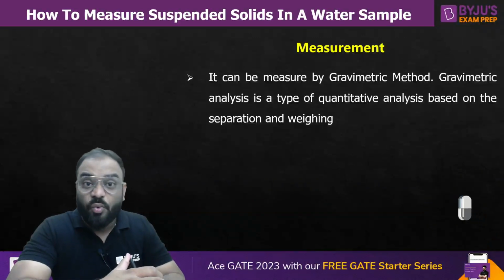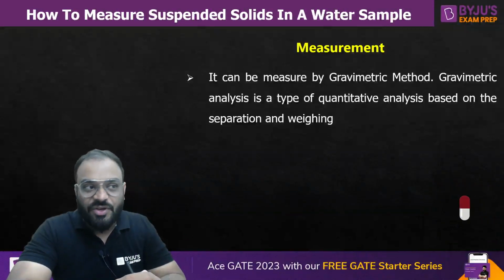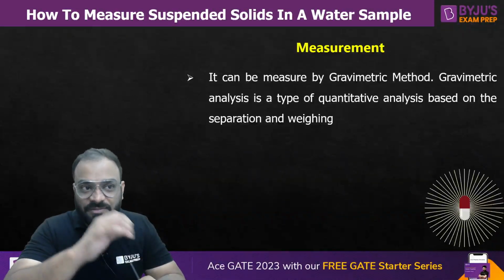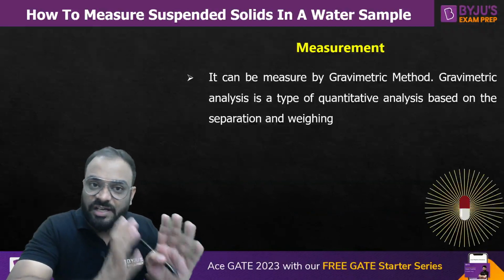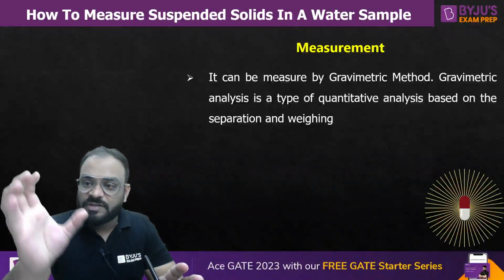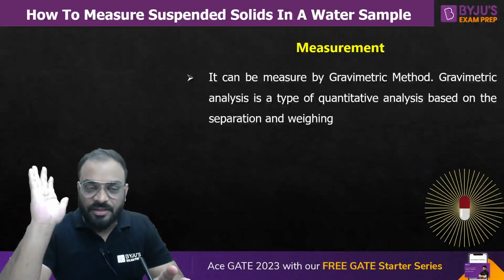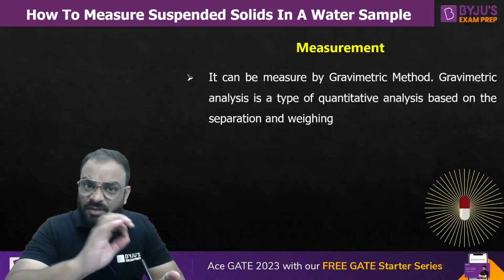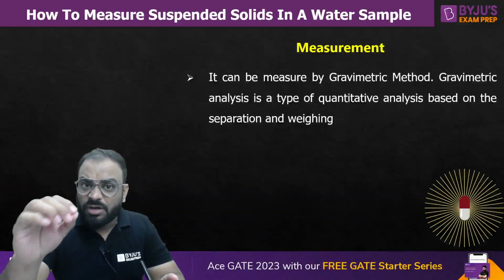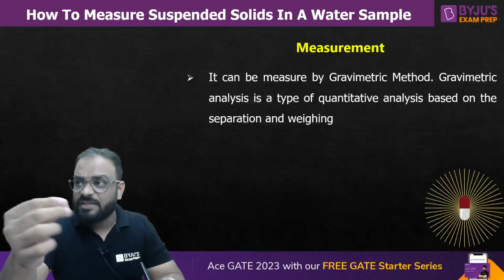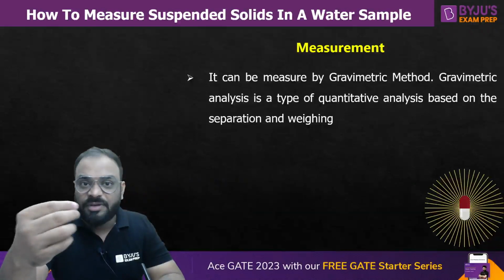Now the question is, what is quantitative analysis? Quantitative analysis basically tells you how much amount of solids is present. It doesn't matter, guys, what type of matter it is, or which particular chemical combination is there.